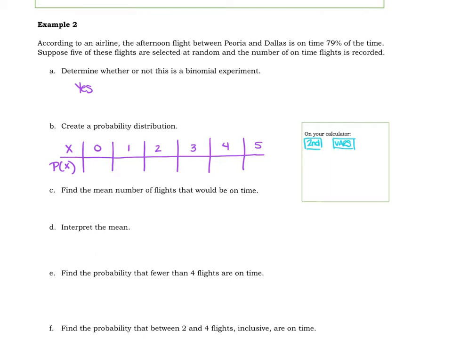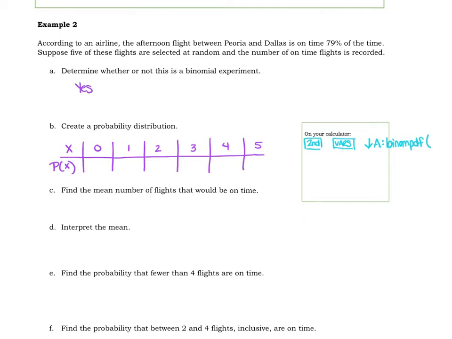Then you're going to arrow down quite a ways. In most of your calculators, you should get to letter A, which should say binompdf parenthesis. That stands for binomial probability distribution function, which is what we're trying to make, a probability distribution, okay?